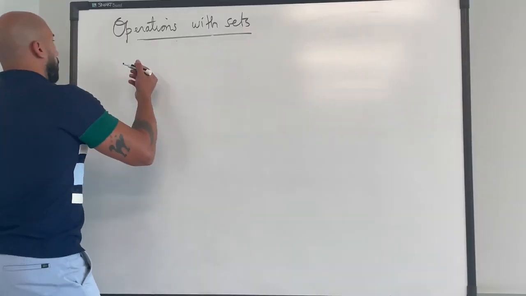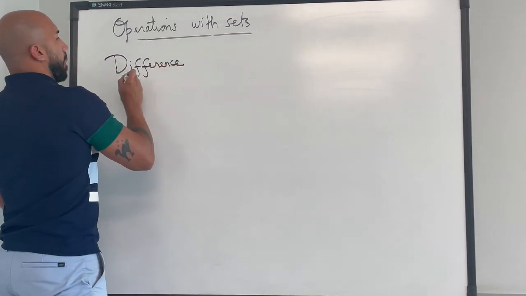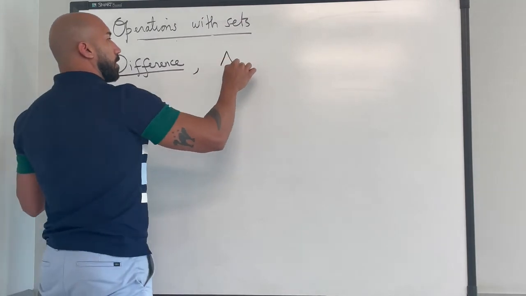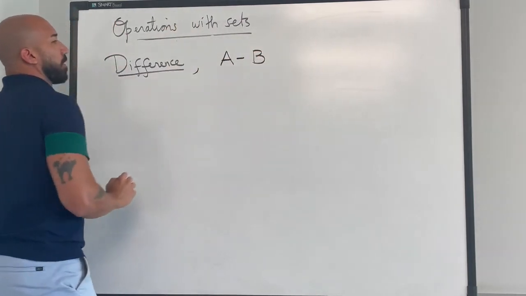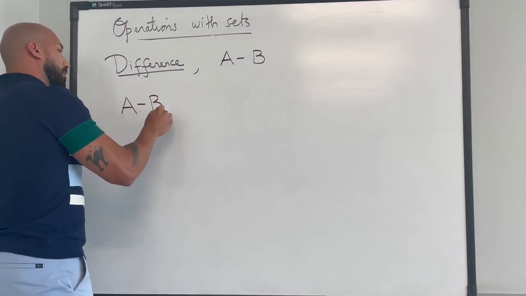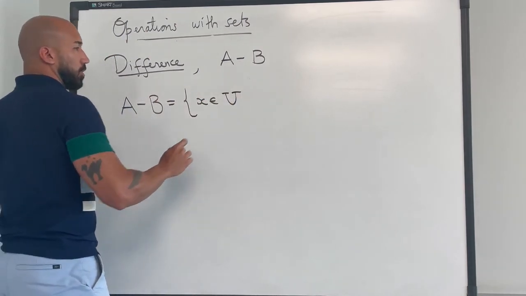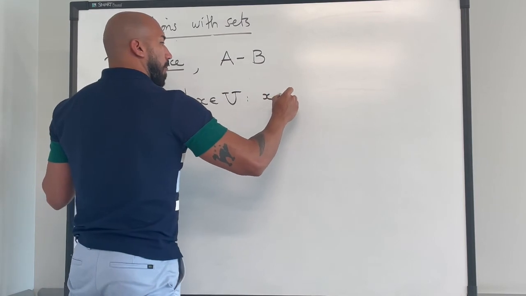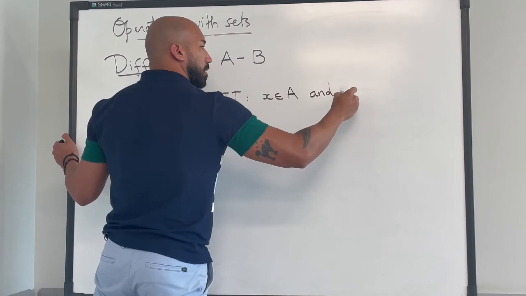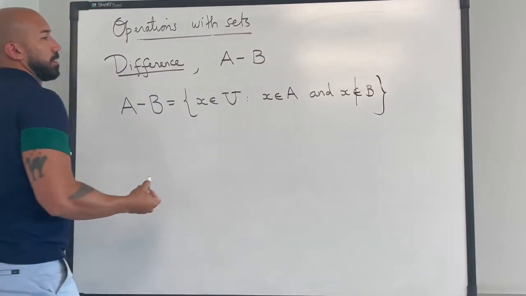Okay, the next operation is going to be the difference. We will use this notation, A difference B. And what we have is that the elements in the difference are those elements in the universe such that they are in A but not in B. Okay?